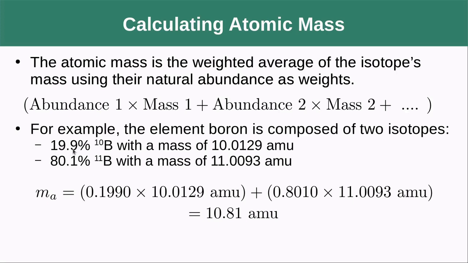If 19.9% of boron is boron 10, and it has a mass of 10.0129 AMU, and 80.1% is boron 11 with a mass of 11.0093 AMU, then its average mass is going to be this value here as a decimal times its mass there plus this value as a decimal here times its mass, and that's going to give us an average mass of 10.81 AMU.